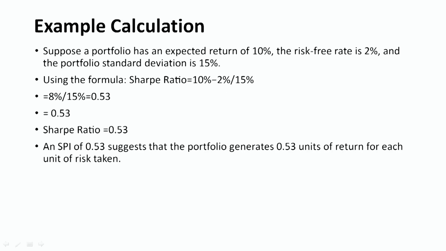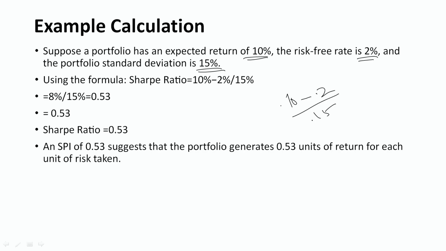So, a small example I just took over here, where I am expecting a return, expected return is 10%, 2% is the risk free rate of return, and the standard deviation, that is the risk factor, is 15. What is the Sharpe ratio? It is very simple. Expected return, 10% minus 2%, that is the risk free rate of return, divided by 15% which is the standard deviation.